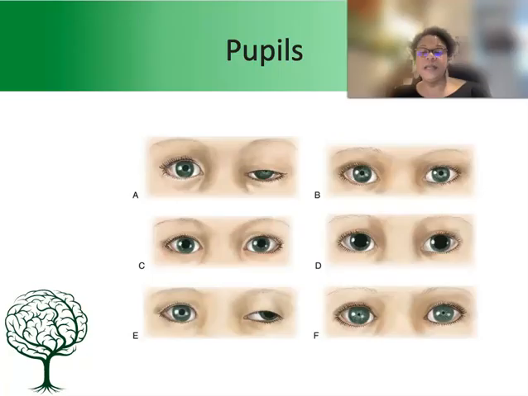But before I go through these, I want to make sure you understand that we're looking at reactivity, or response. We're looking at the size, and you have to look at the size before you shine the light in. You need to make sure you have a dark room in order to assess pupils. If you flick on all the lights, you're not going to see the response properly.